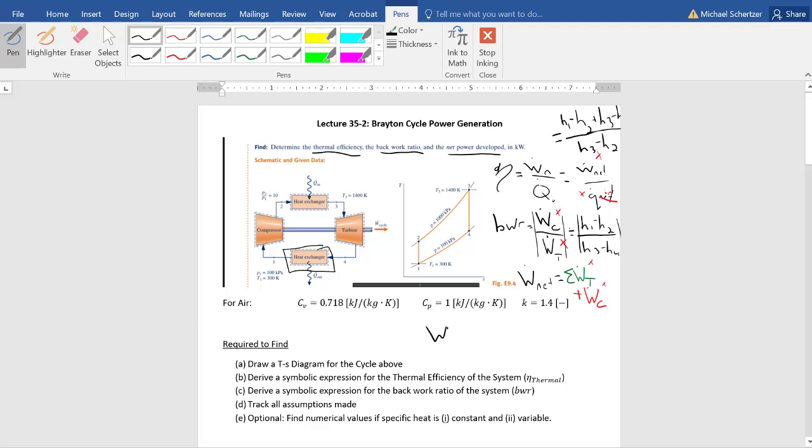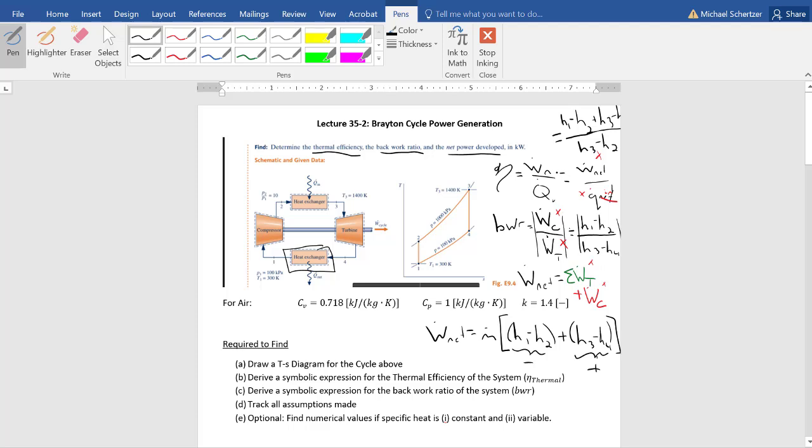Now my net work is going to be the mass flow rate times my compressor power, H1 minus H2, plus my turbine power, H3 minus H4. And I'm going to expect this part here is going to be negative and this part here is going to be positive.